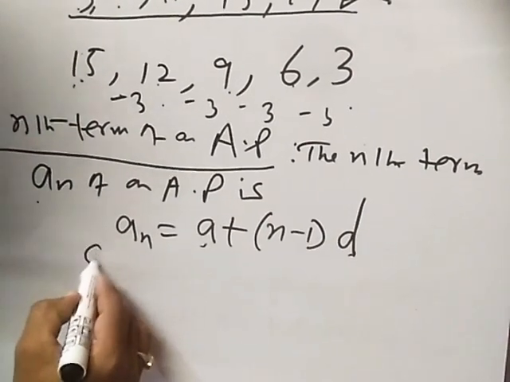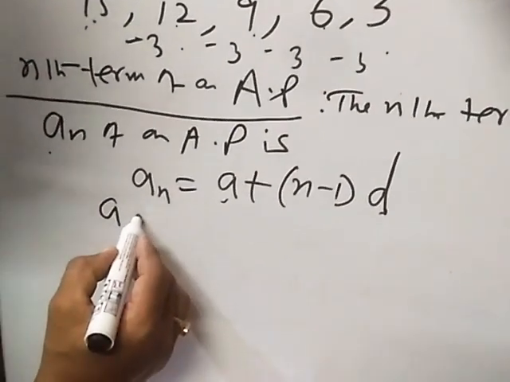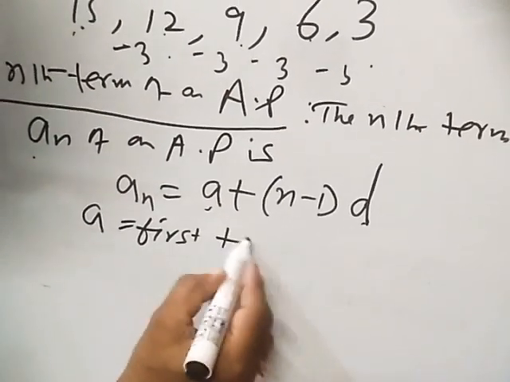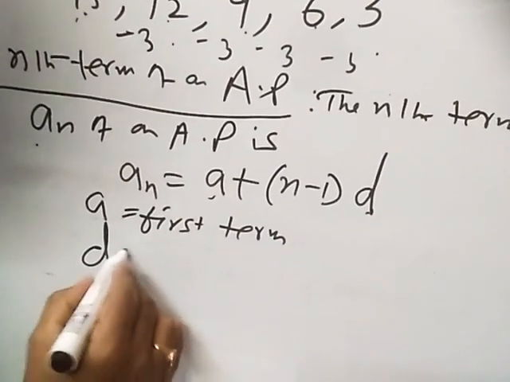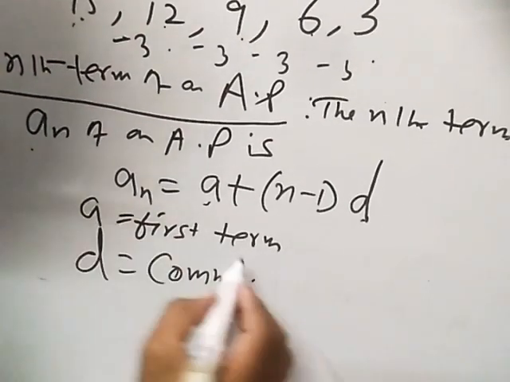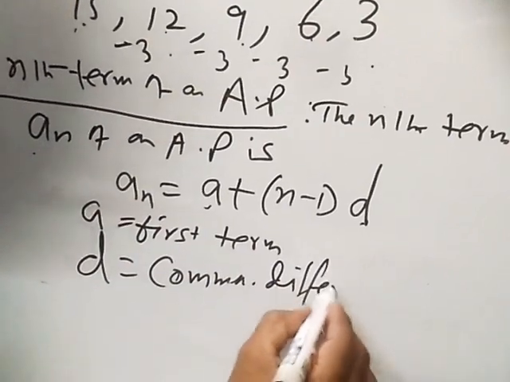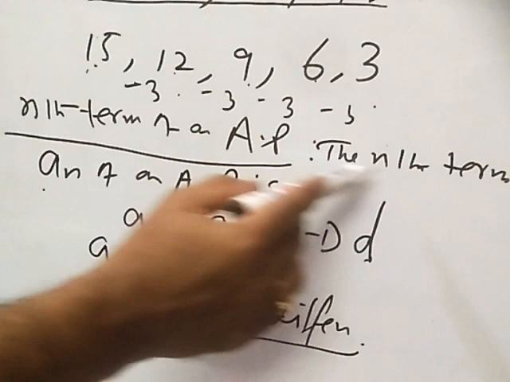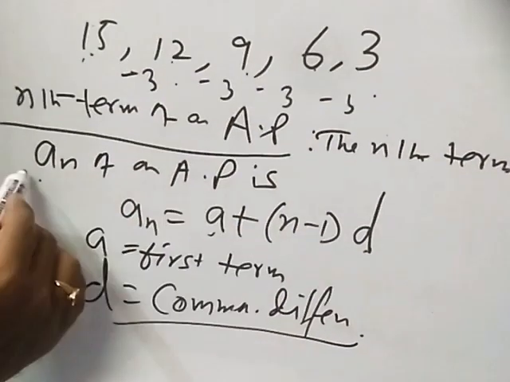Clear? a equals, you can write it if you have a doubt, first term, and d is called the common difference. Clear? So the nth term of an AP is written as an.